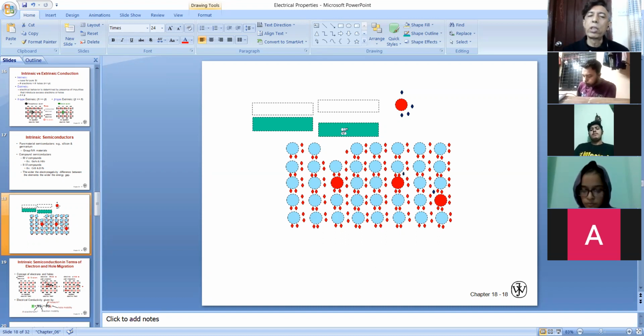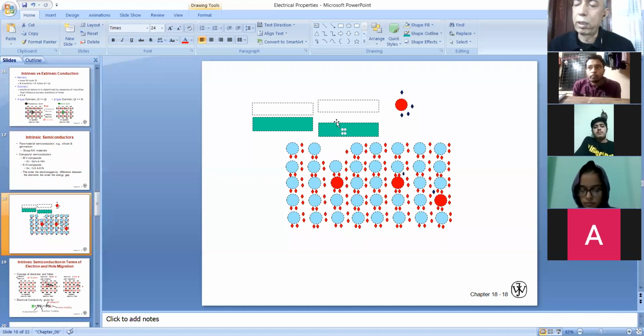It can transit from the valence band to the conduction band with some energy. Say, in case of silicon, it is 1.1 electron volt, or in case of germanium, it is 0.3 or 0.4 electron volts. So there are two types of electrons.